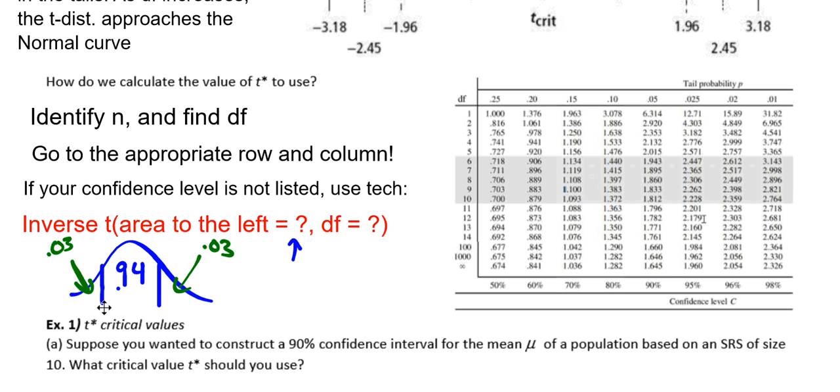That means the area to the left would have to be either 0.03 and you would get a negative t-score, or we're looking at area to the left of 0.97, and that would give you your positive t-score. But both should give you the exact same number. So just use the positive using 0.03 or just use 0.97, either way. And then in this case, the degree of freedom is just one less than whatever the sample size was in that problem.